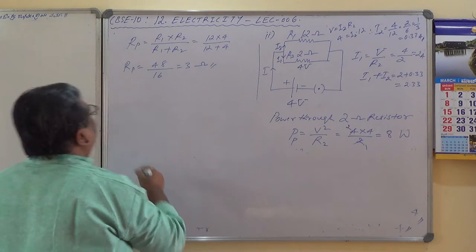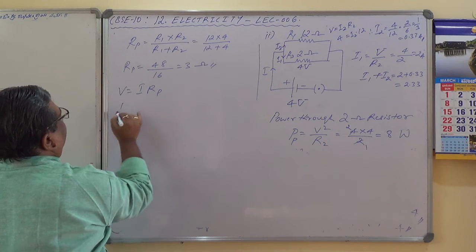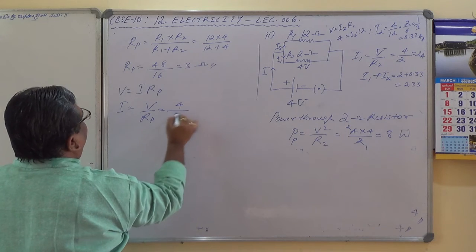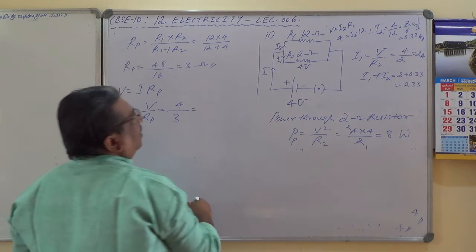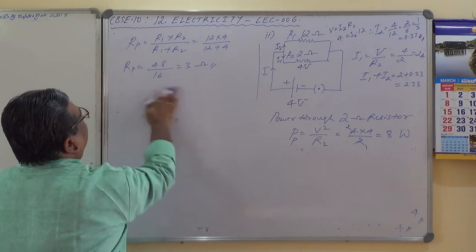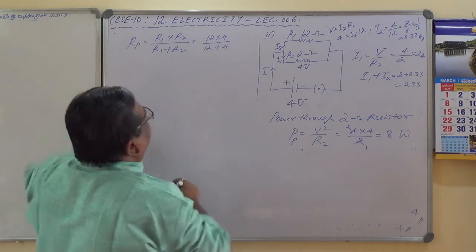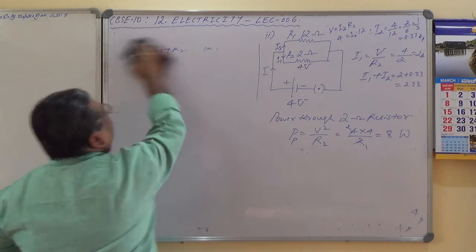Now V equals I into Rp, I equals V by Rp, which is 4 divided by 3, which equals, just a moment, something is wrong. Let me calculate it, just a moment.